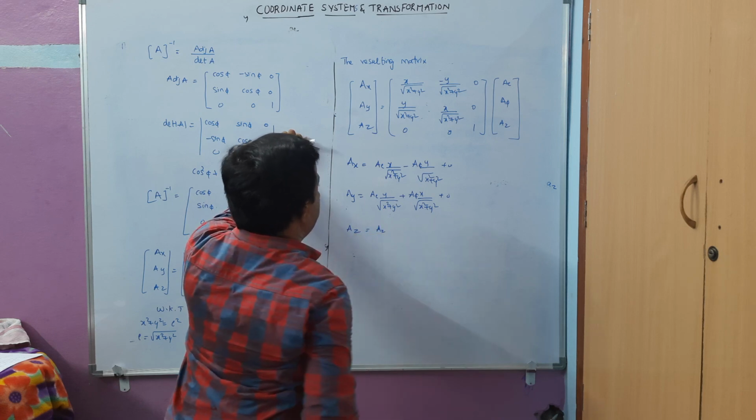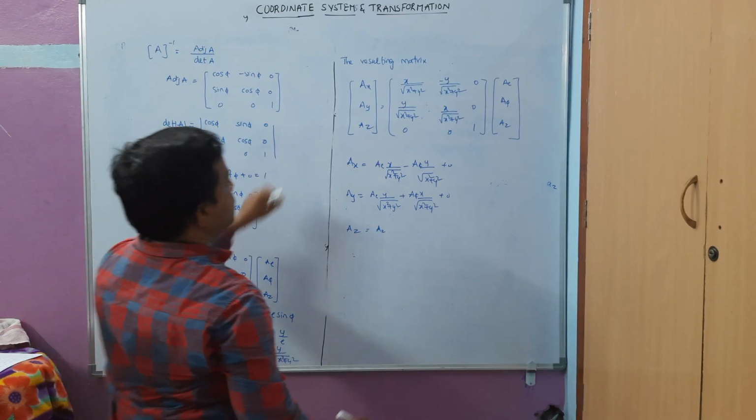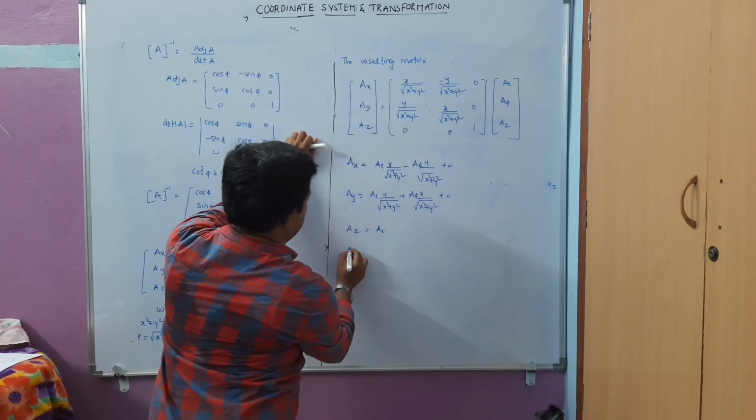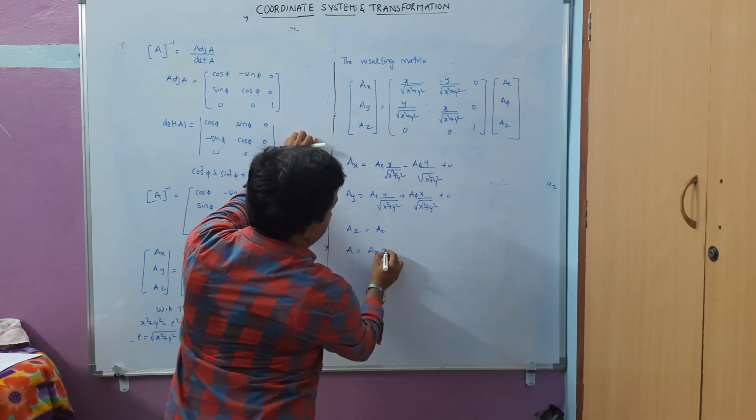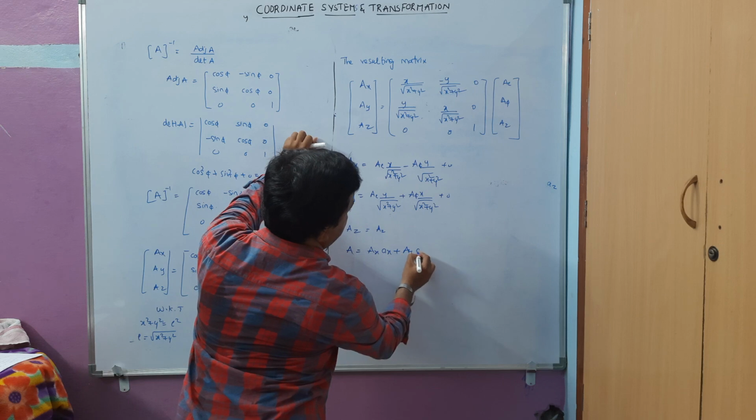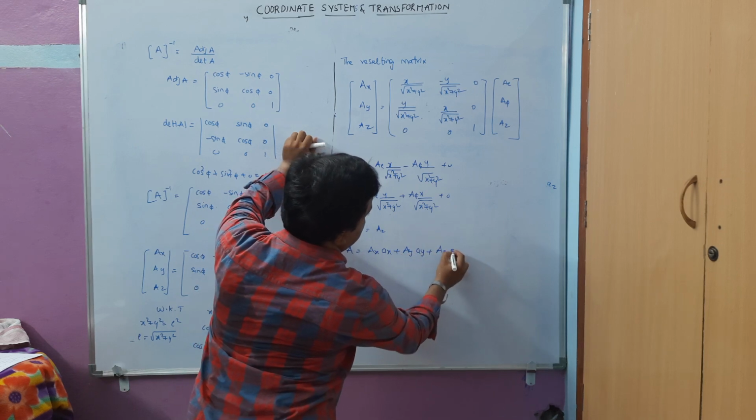Now I have to write the components here, that is, vector A is equal to Ax plus Ay plus Az.